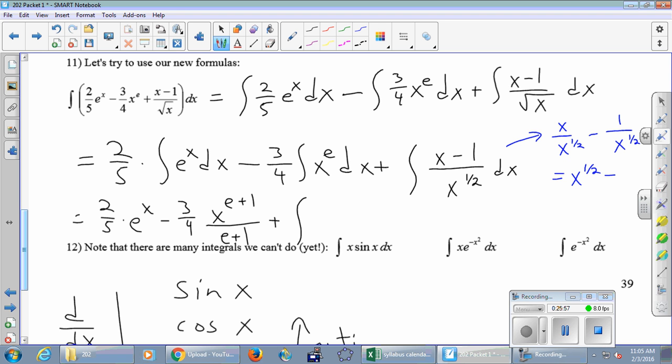How do I get that thing to be just x to a power? The first one has a 1 minus a half, so that one's positive a half. This guy, x to the half, is going to come upstairs and become negative a half. There we go. And so that is a much nicer thing for us to have inside of our integral.